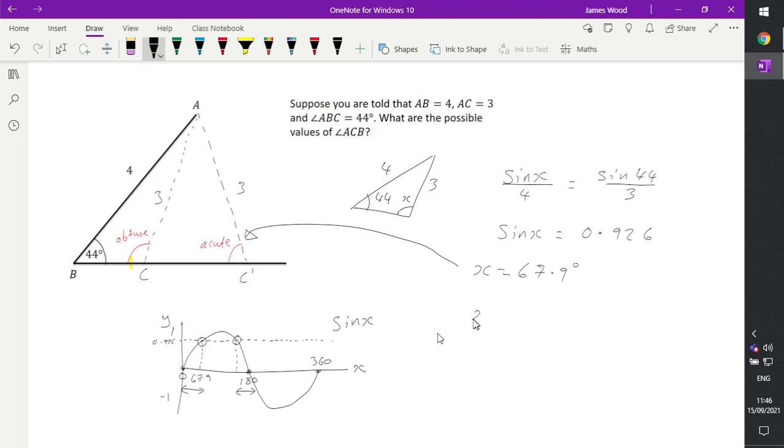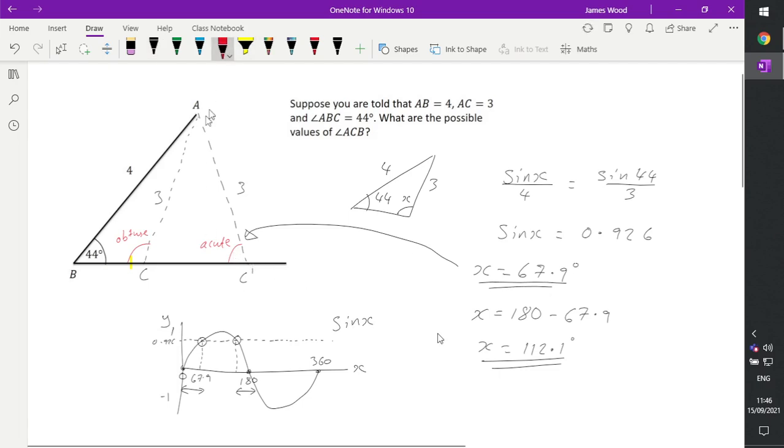So to work out the other angle, I can do 180 minus 67.9. And that will give me the alternate angle that I could have here, which is 112.1. So that must be the obtuse angle that we could have instead. So there's two different answers. To find the other one, we can just do 180 minus that answer.